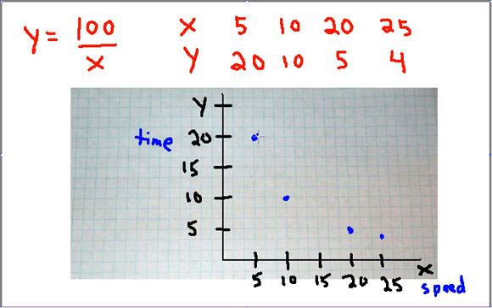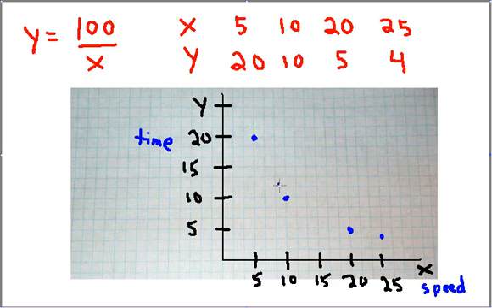Now, taking a look at this visually, do you think that this is going to be a straight line? Do you think that there's going to be a straight line that we could draw that is going to connect all 4 of these points here? Well, once again, we're using some uniform graph paper, and so you can use your eye effectively to tell that this will not be a straight line. It's going to be some type of a curve.